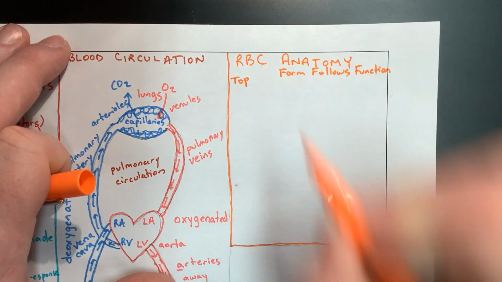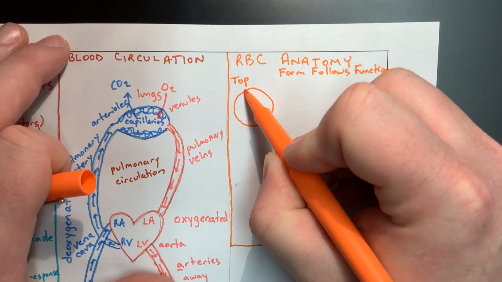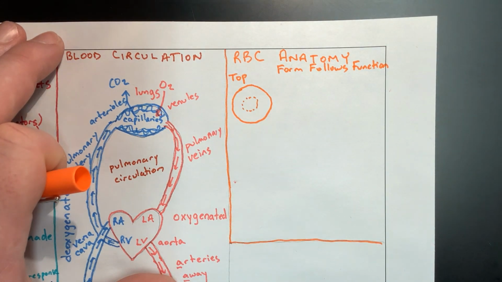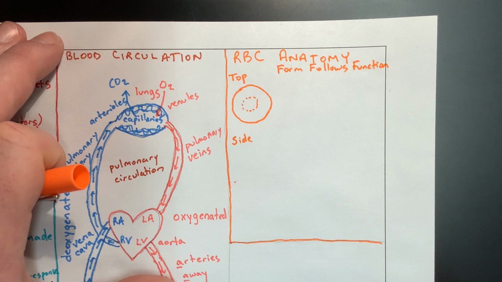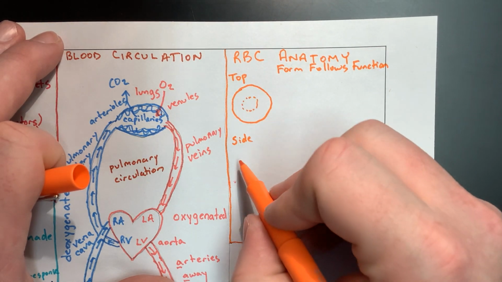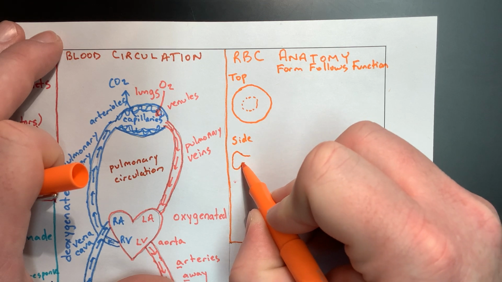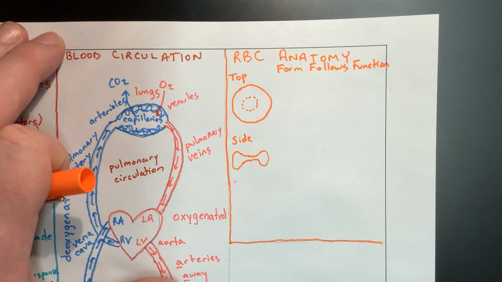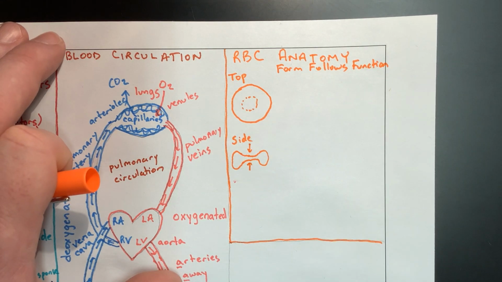If we were looking at a top view of a red blood cell, they are disc shaped, and the middle is pressed in. So it's not like a donut, where there's a hole in there, but it is pressed in. A better way to think about that is if we drew a side view as well. If we flipped it on its side, there'd be a fat part on the outside, and then it would get really skinny in the middle before getting fat again on the outside, kind of smushed in on these sides.